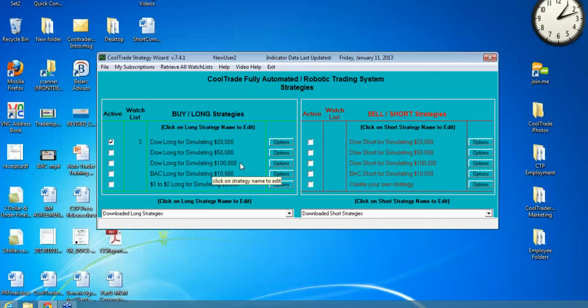Yeah, so we just decided to do this on Wednesday, because a lot of people want to start off with these Dow strategies while they're learning. So what Ed is doing, what CoolTrade is doing, is making this the master file. So anybody that downloads the system moving forward is going to get these strategies to start off with.